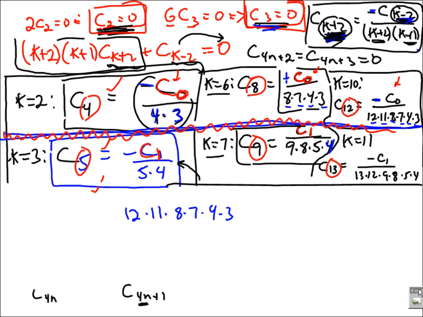What I noticed is they have the multiples of 4: 4, 8, and 12. Oh, look. The 12 is being multiplied by 1 less, the 8 is being multiplied by 1 less, and the 4 is being multiplied by 1 less.